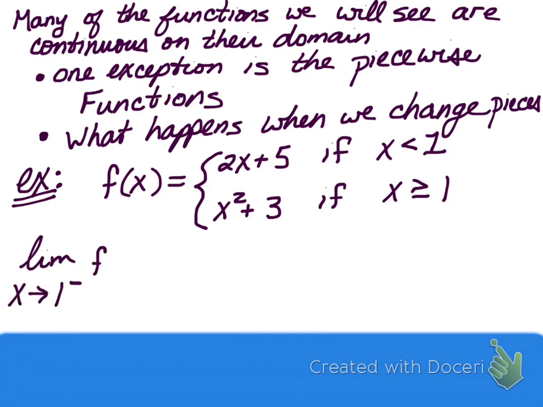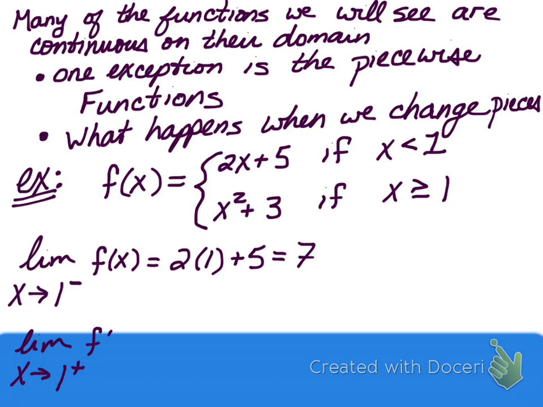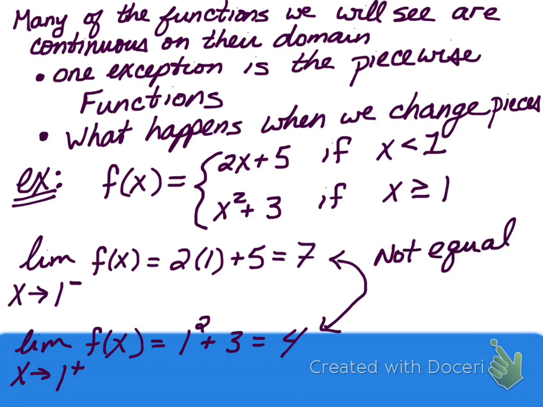If I do the limit coming in from the left, we get 2 times 1 plus 5, which equals 7. If we come in from the right, we get 1 squared plus 3, and that equals 4. They're not equal, so therefore you can't be continuous. The limit does not exist as x approaches 1 because our one-sided limits are not equal to each other.